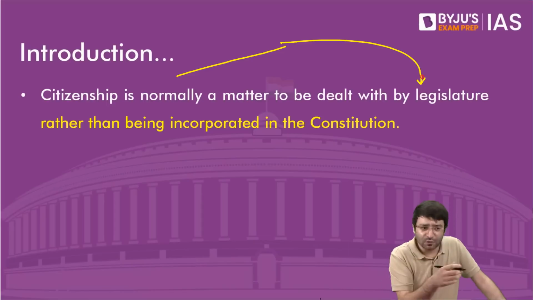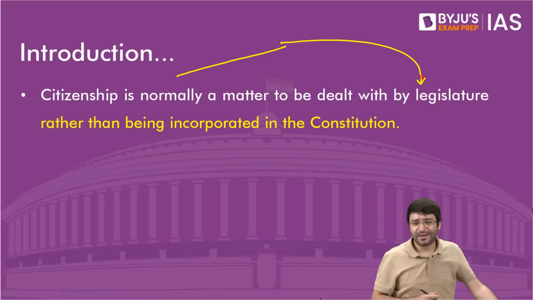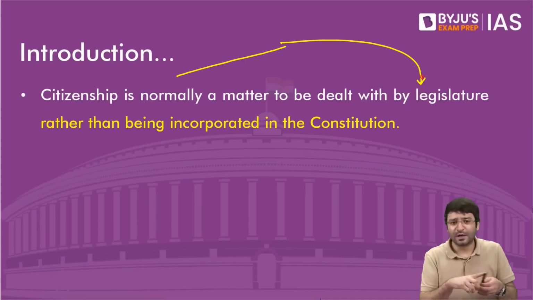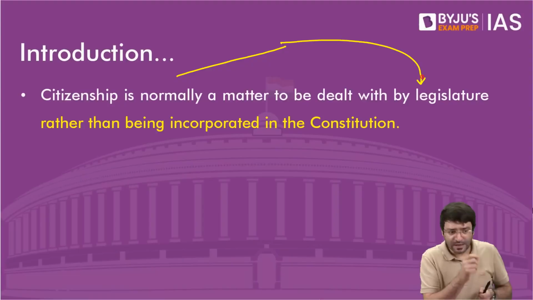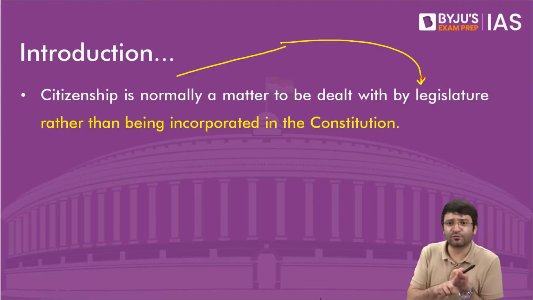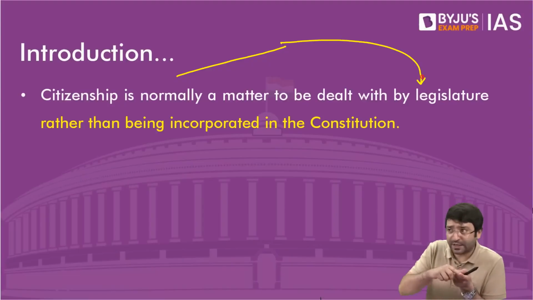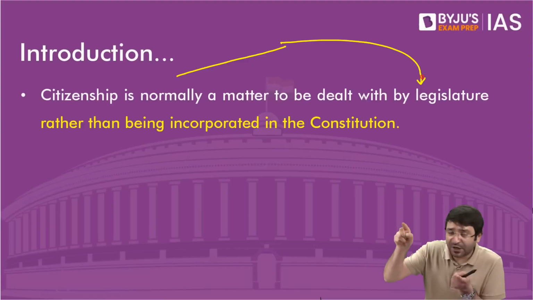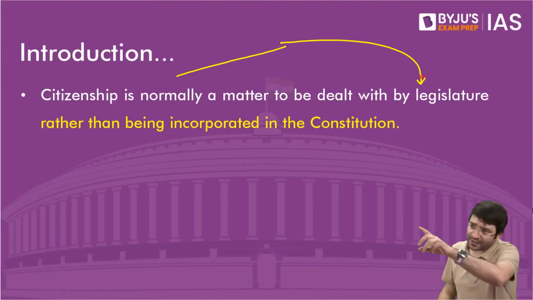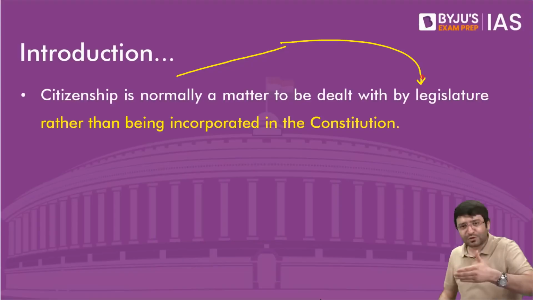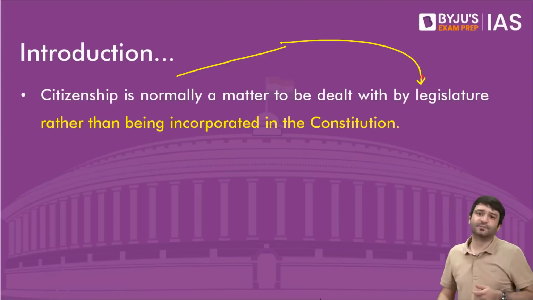And one such thing was, who is the citizen of India? In a sense, we had to be absolutely sure for whom do we need protection, resources, housing, food. What is going to be the status of those who migrated from India to what became Pakistan? And if they want to come back, till what date can they come back? Those who were in Pakistan and now want to come to India, can they come to India or not?